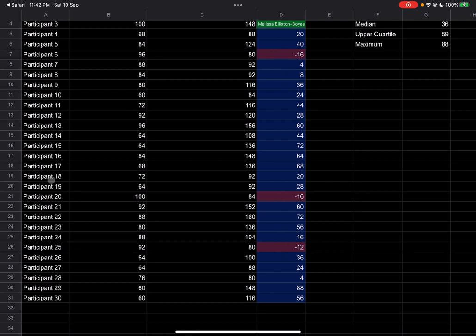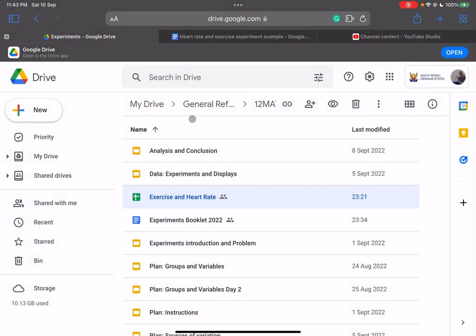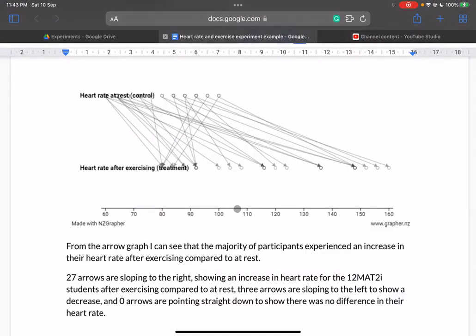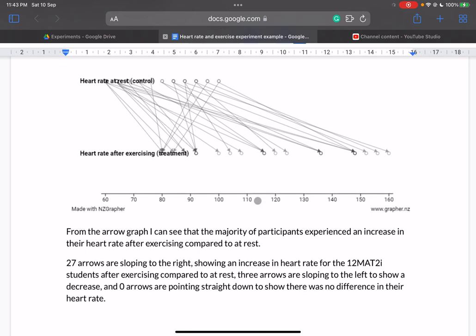So I've got, out of my 30 participants, 27 are blue, so their arrows pointing to the right, and 3 are pink, which are negative, so their arrows pointing to the left. And that relates to that graph there. It's hard to see, but there's 27 arrows pointing to the right from top to bottom and 3 pointing to the left. And none of the arrows are pointing straight down.